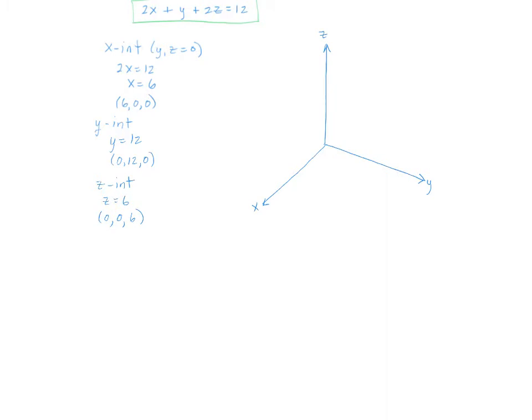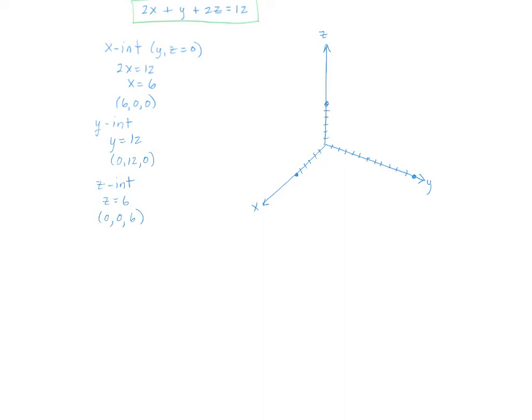My x-intercept is at 1, 2, 3, 4, 5, 6, and y and z are 0. The y-intercept would be 1, 2, 3, 4, 5, 6, 7, 8, 9, 10, 11, 12. And z would be at 1, 2, 3, 4, 5, 6.